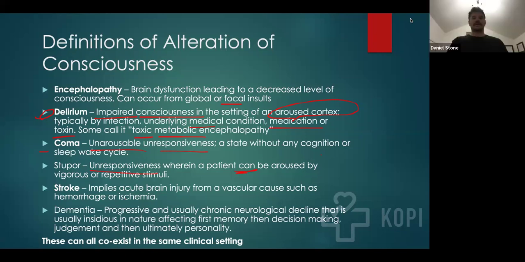Stroke is its own definition as well. Stroke implies that there is acute brain ischemia, or a vascular etiology that's causing a brain insult. Stroke can absolutely cause encephalopathy, and I want you to remember that encephalopathy is a general term.